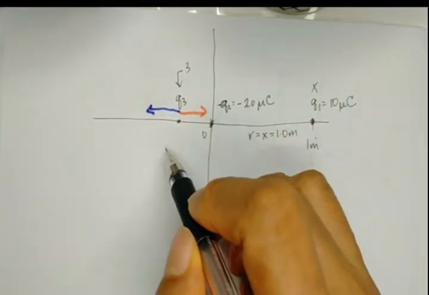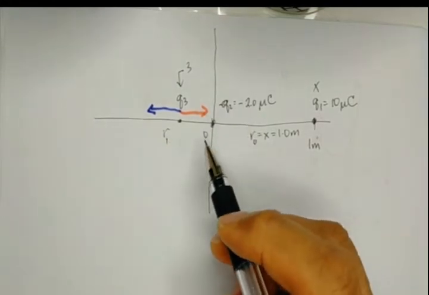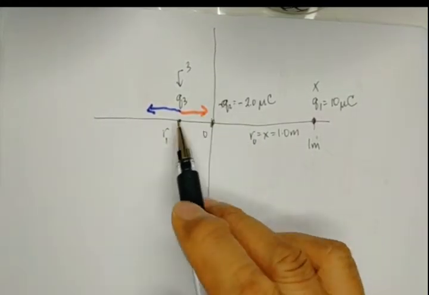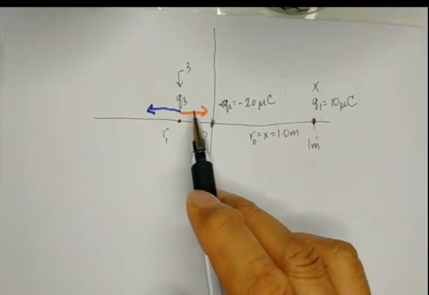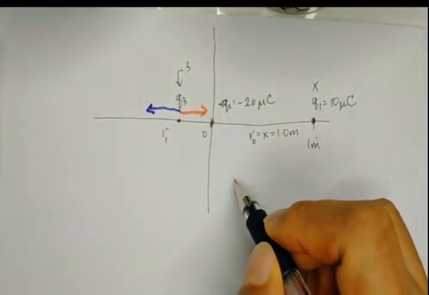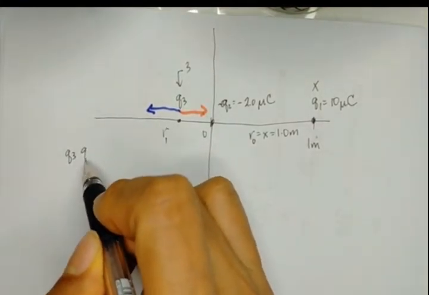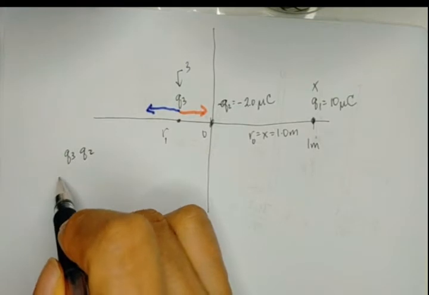So, let's call that R1. At R1, or in that case R, what would be the value? So, ang gawin natin, i-equate lang natin yung dalawang forces. Okay, so, between Q3 and Q2, ano ang equation?